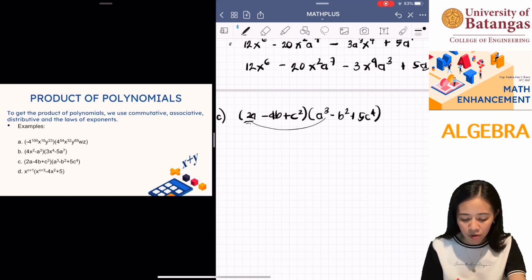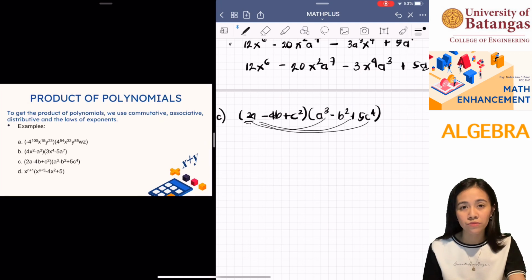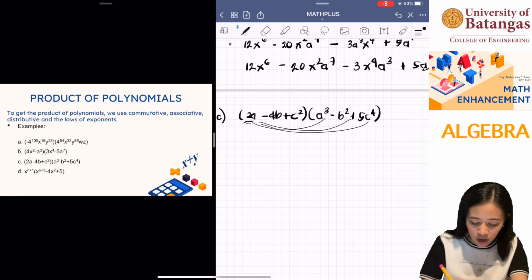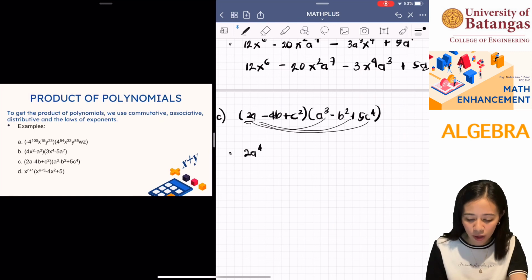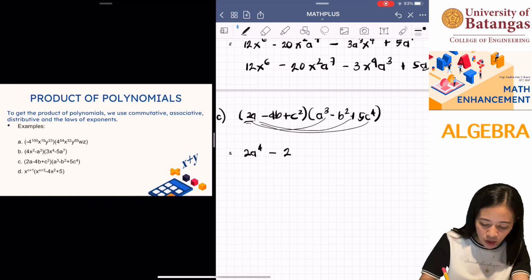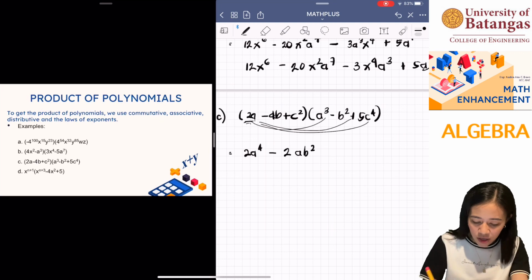So, you have 2a to the fourth, a times a cubed. And then you have negative 2ab squared. And then you have plus 2 times 5, that's 10, ac to the fourth.